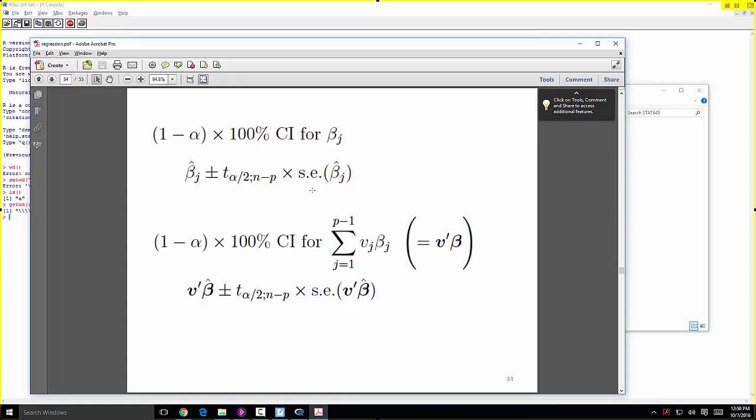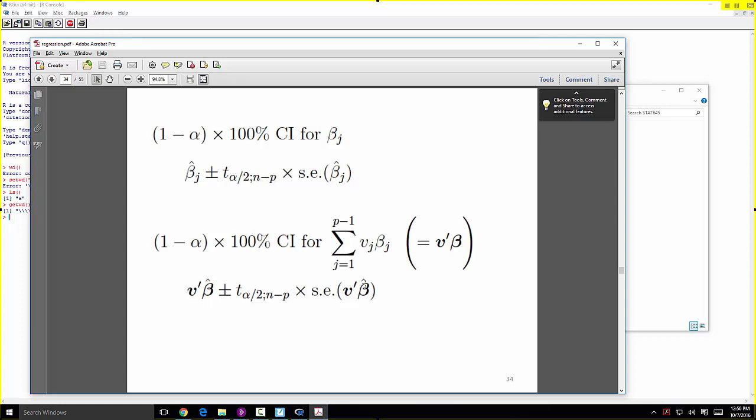What this expression is saying, because we're using a t critical value here, or cutoff, it's saying that beta hat itself is approximately t. So this comes from analytical results that we expect for the sampling distribution of the betas.